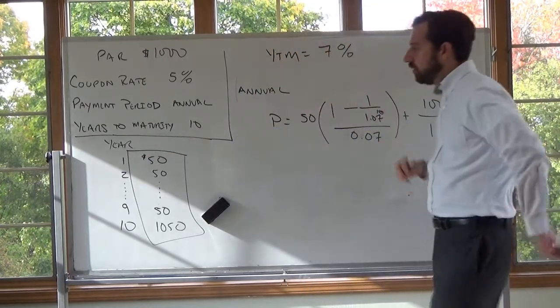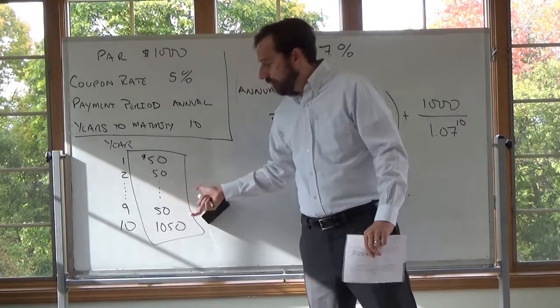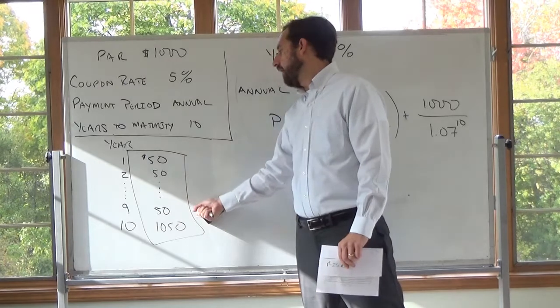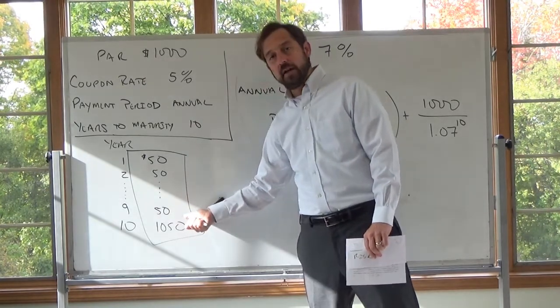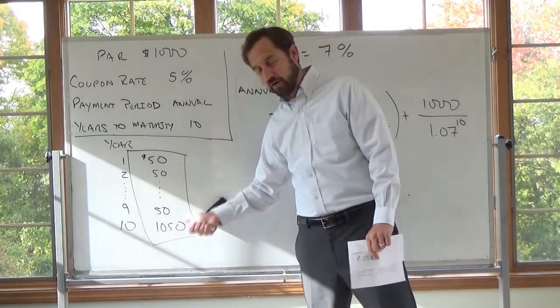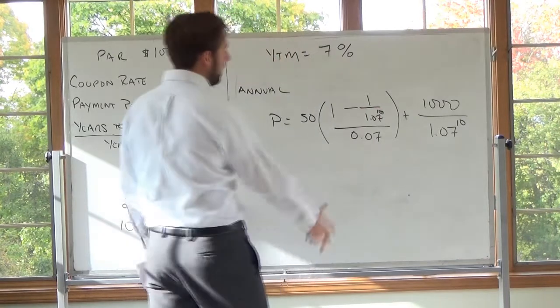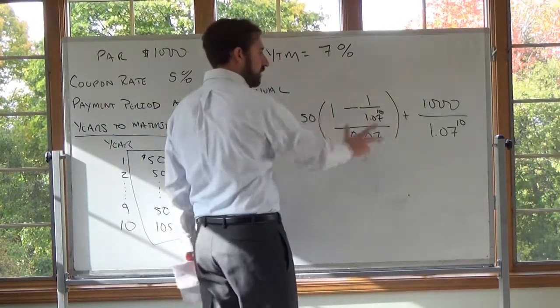What is traditional is to note that we have a 10-year $50 annuity here. So we can use an annuity formula to get the present value of these interest payments, and then we can just discount the $1,000 par value individually at the end. That will give you this formula here. This is the present value of an annuity, so these are our interest payments.